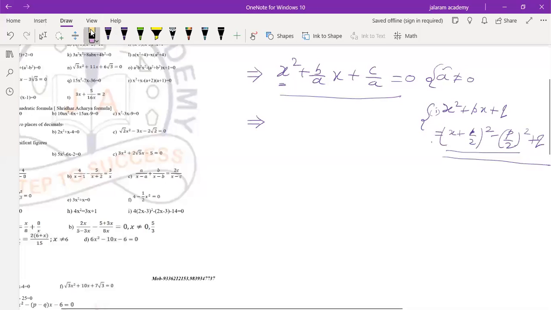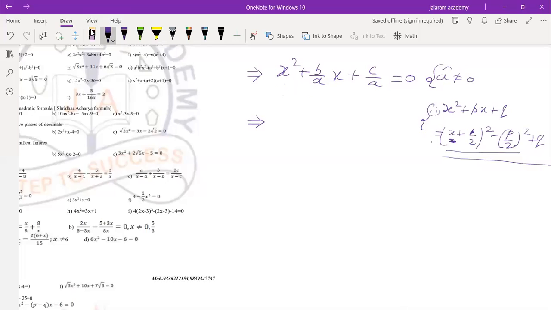X square plus b upon a x plus c upon a is equal to 0, is equal to x square remain x square. There is no x square in this. Are you not able to see? So sorry.